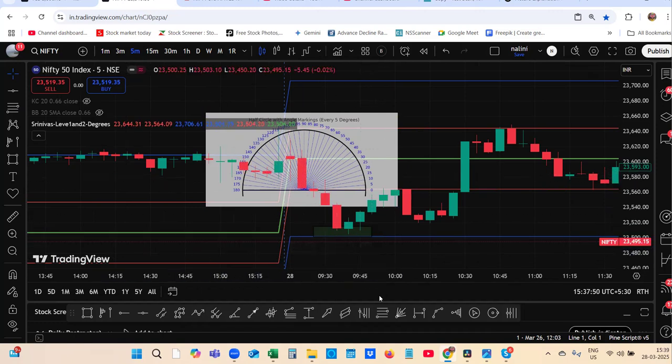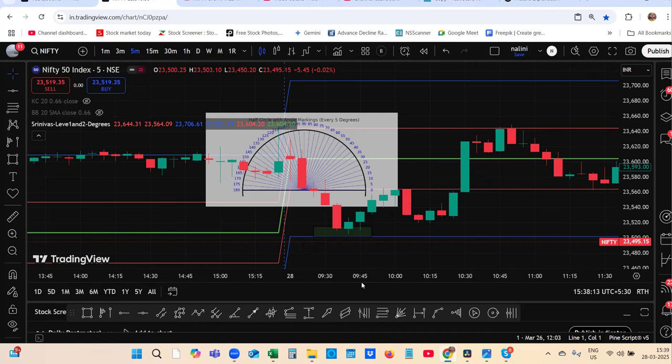To solve their problem, you can apply this and there will be boundary levels for you, because these levels are calculated based on the previous day closing price. That is not for today's action. Then it becomes difficult. In between a trade, how will you trade?